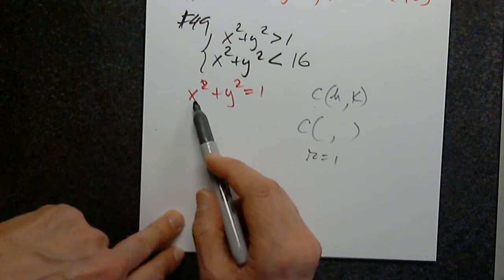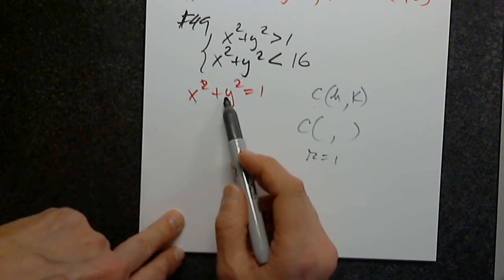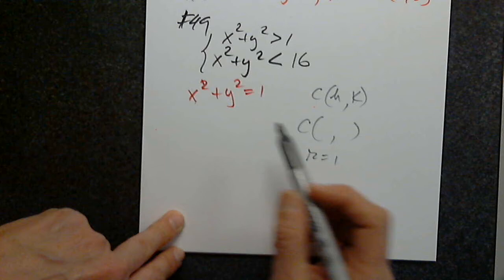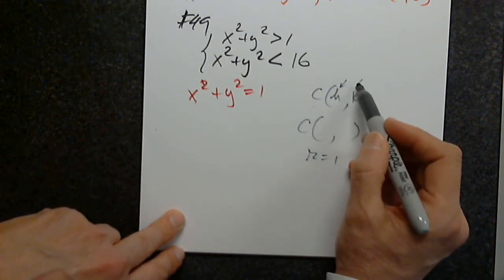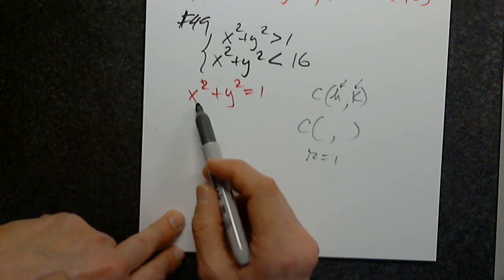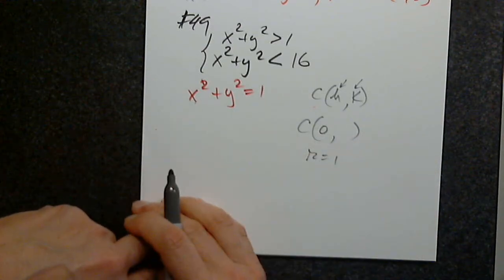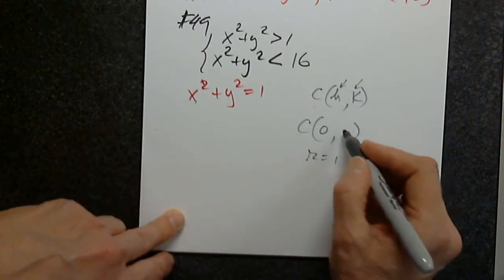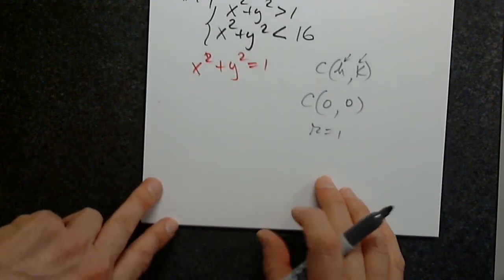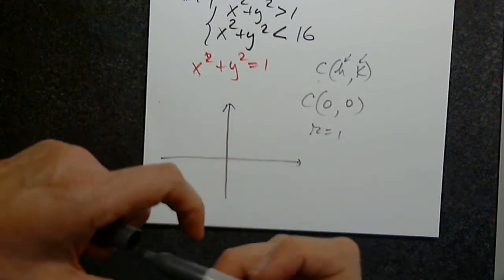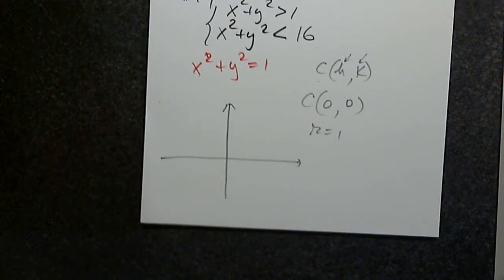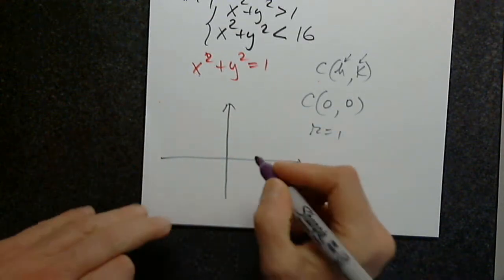What do we subtract from x here? What do we subtract from y here? So how much is h and how much is k? Of course we know. The center is the origin with a radius of 1. We don't subtract anything. Perfect.